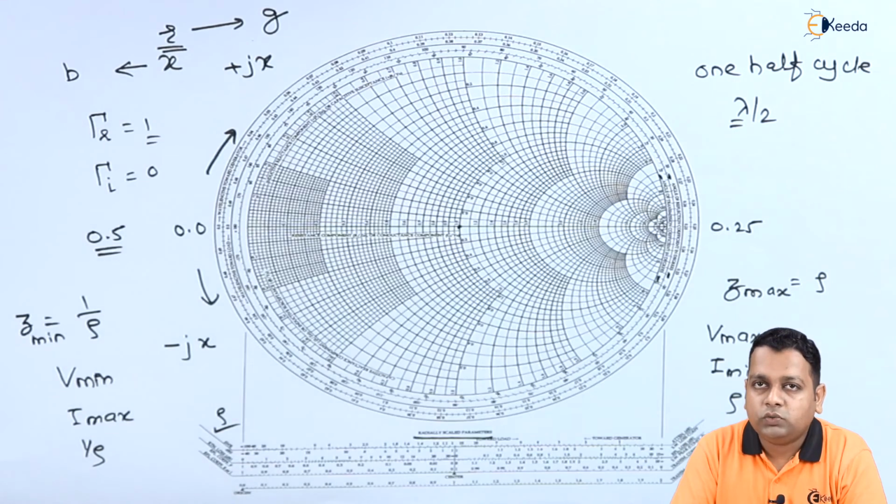So this was all about the characteristic features of the Smith chart. When we want to switch from impedance values to admittance values, we have to go 180 degrees out of phase.